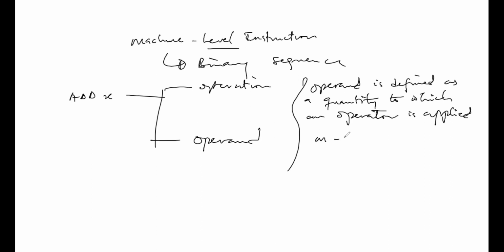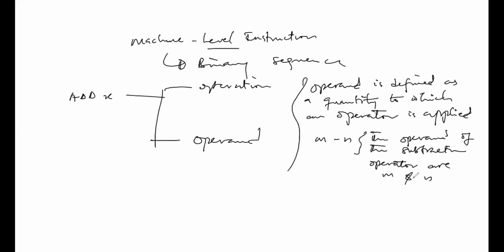So if we say m minus n, for instance, the operands of the subtraction operator are m and n in this case. Then we have the opcode. It is a mnemonic used to refer to the microprocessor instruction in the assembly language, okay?